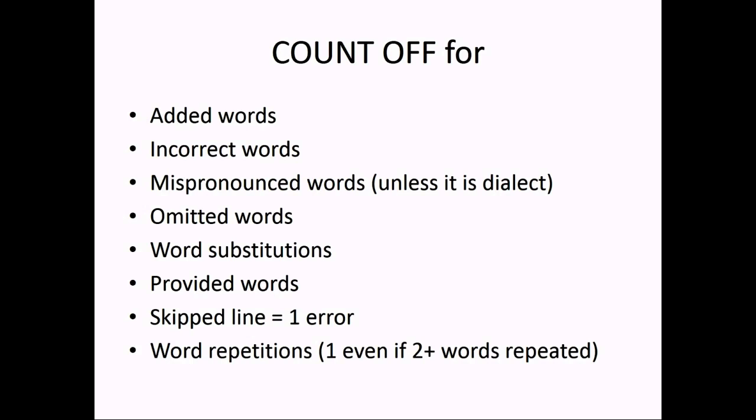You count off in the scoring for added words, incorrect words, mispronounced words, unless it's a dialect, omitted words, word substitutions, provided words, skipped lines, and word repetitions. You take off 1 point even if two words or a whole phrase are repeated. So these are the things that count off as errors.